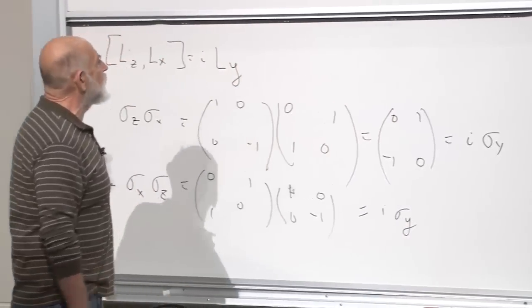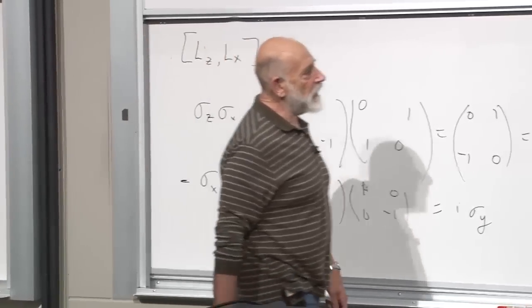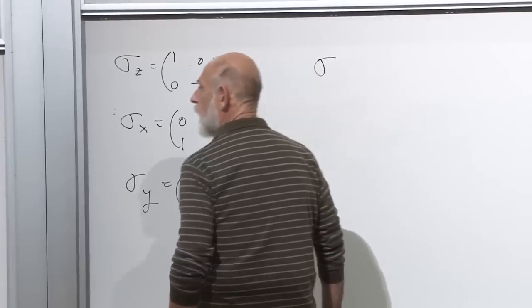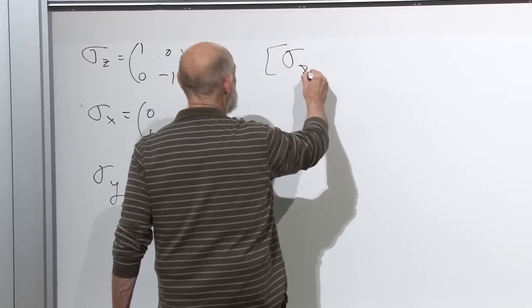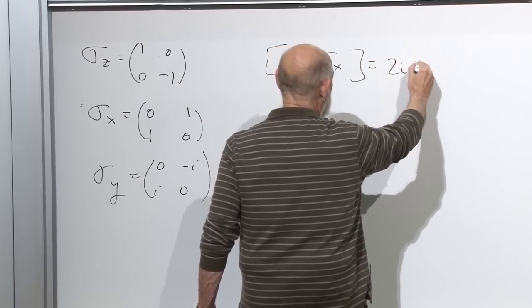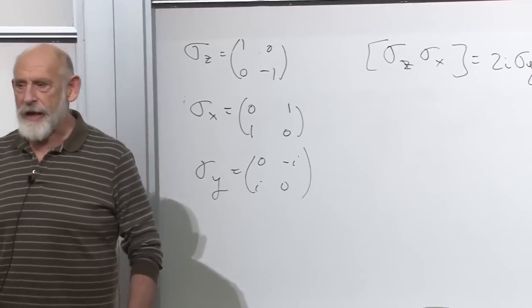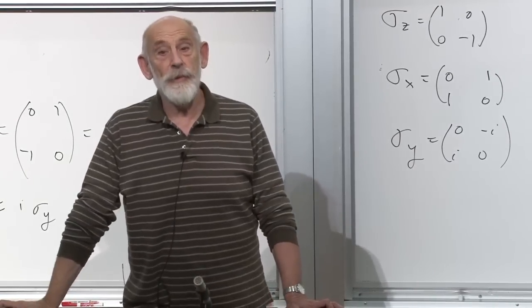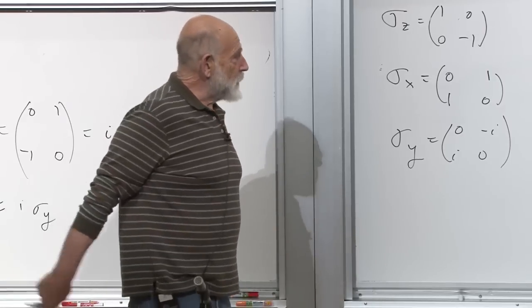So we have not quite what we wanted. We have instead that the commutator of sigma z with sigma x is twice i sigma y. Does this mean these are not angular momentum, or that we're not talking about rotations? No. It just means we've normalized the sigma matrices incorrectly. Here's the trick.